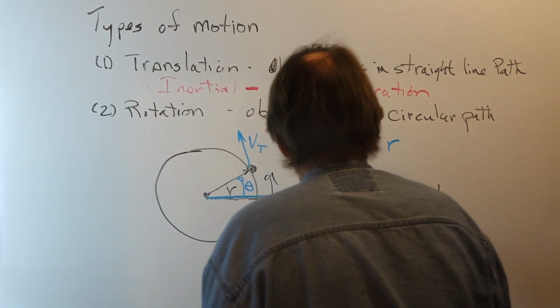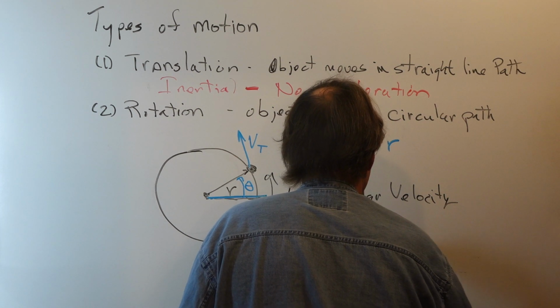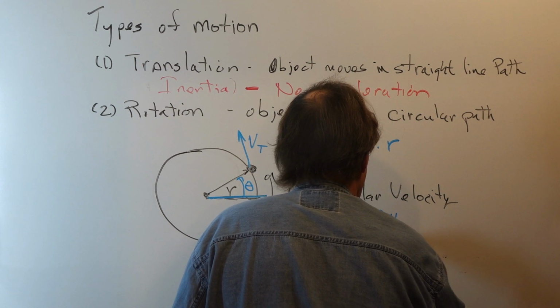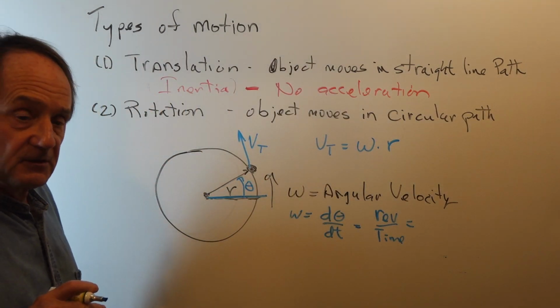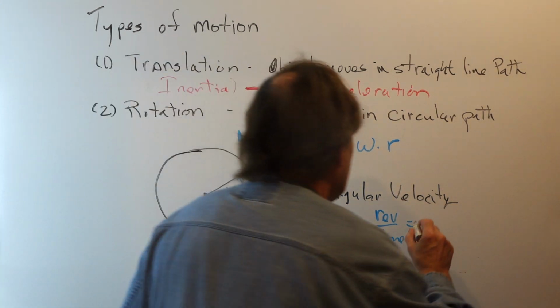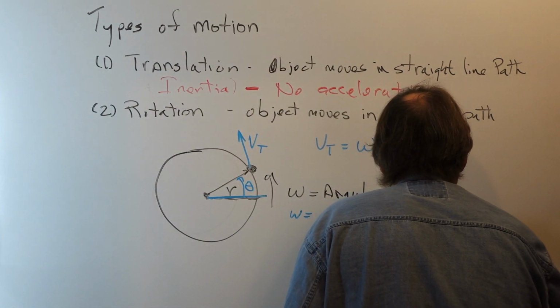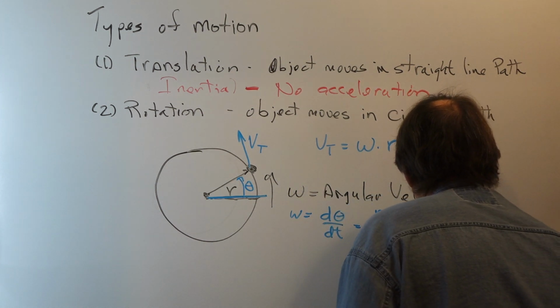Now, the units on omega are just revolutions per unit time. And we use units for revolutions in radian measure. There are 2 pi radians in 1 revolution. And we use seconds as time.